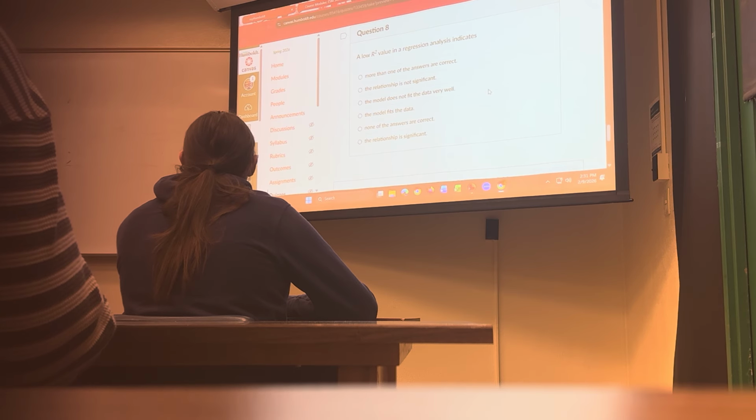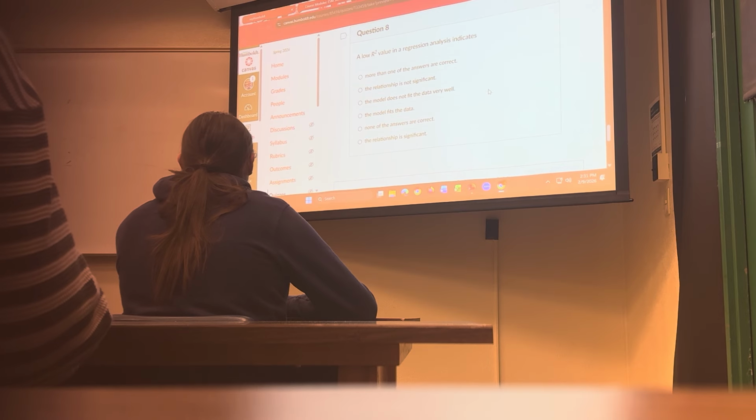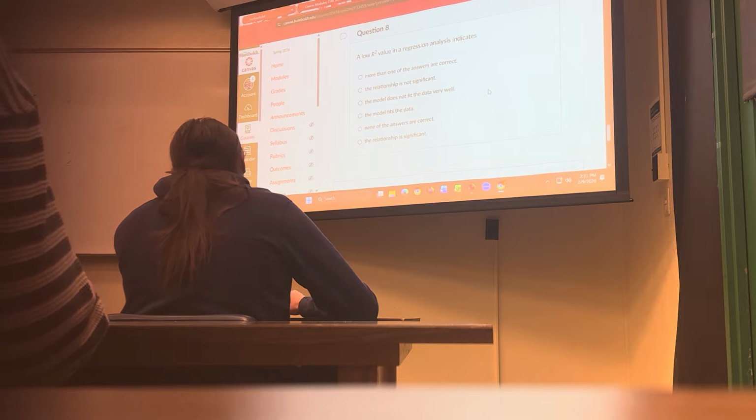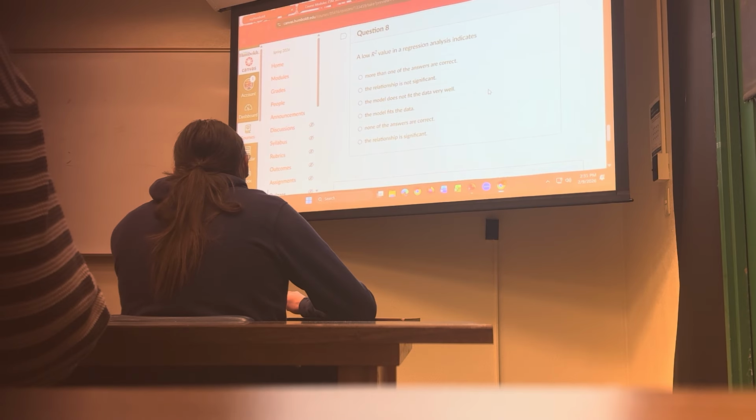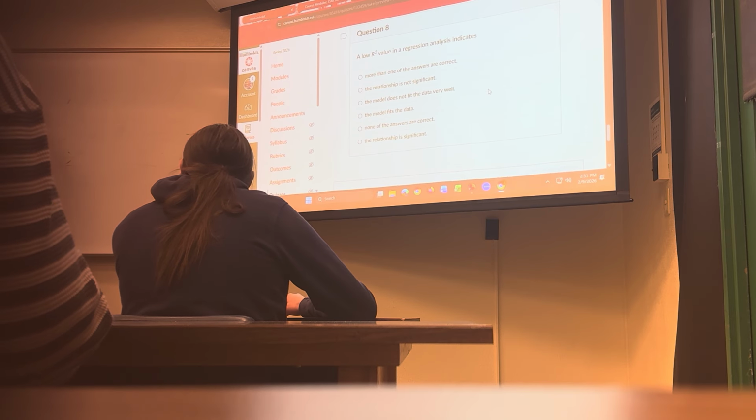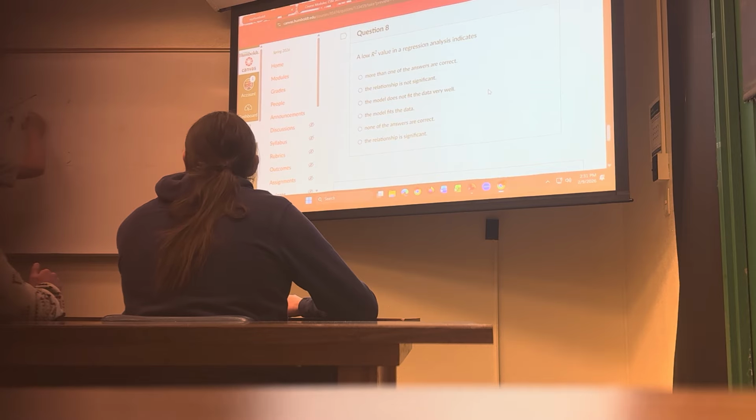Okay, a low R-squared value in a regression analysis. Okay, cool. So remember, R-squared value has to do with how closely the points adhere to the line. So this right here is a high R-squared.